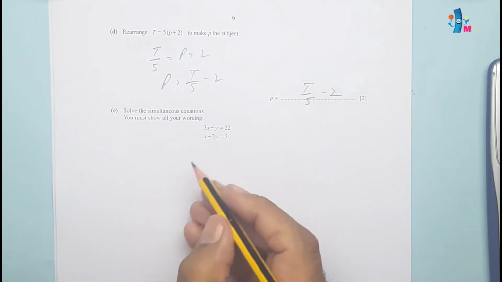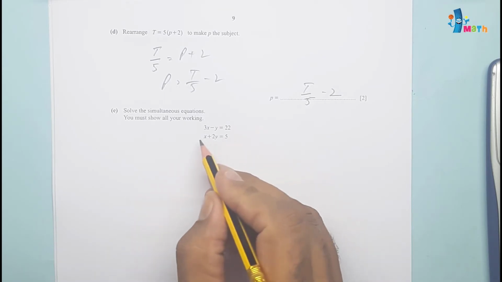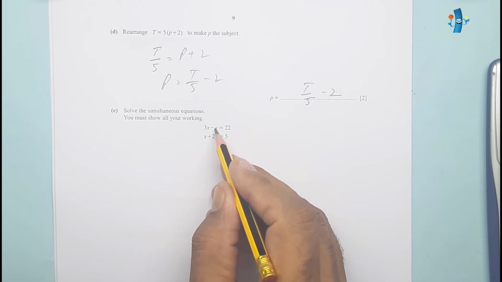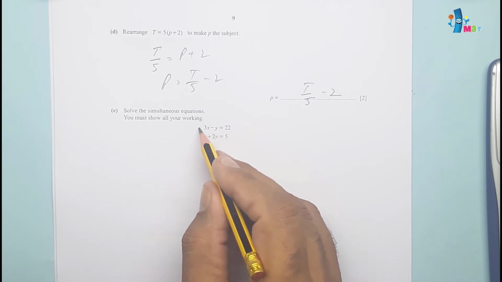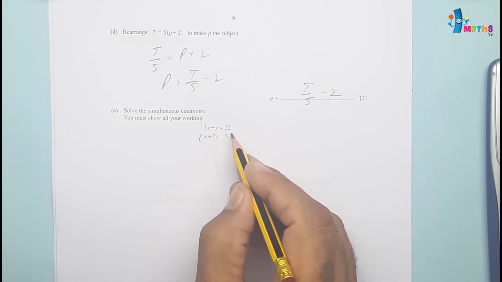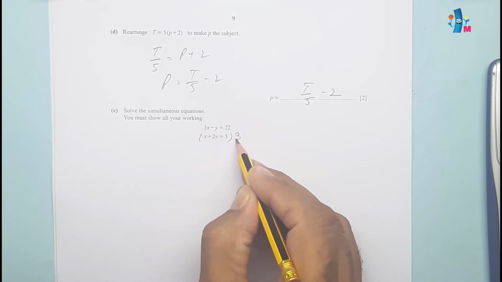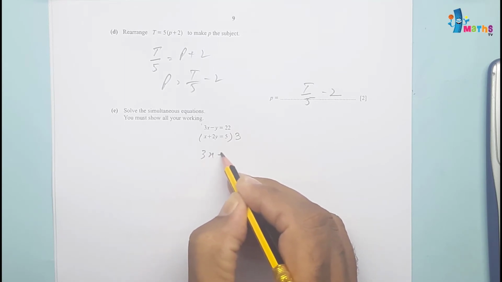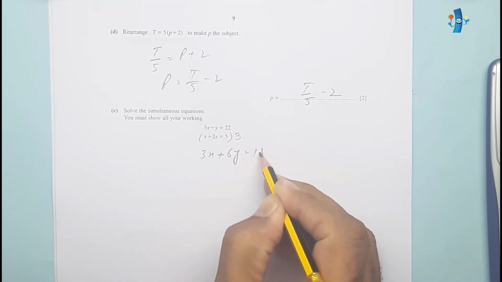Next, simultaneous equation. Two equations are given, and if we check the coefficients, we can multiply this equation by 3 or this equation by 2. So we'll multiply this equation by 3 and we will get 3x plus 6y is equal to 15.